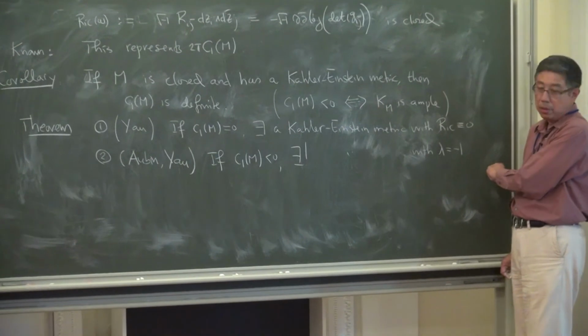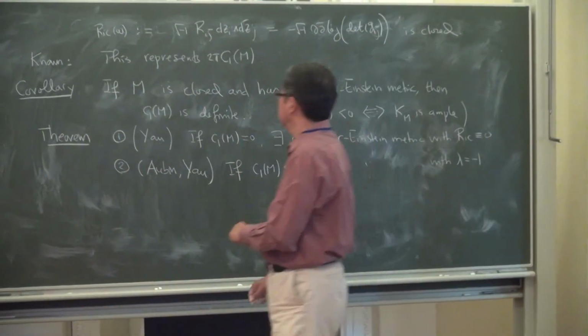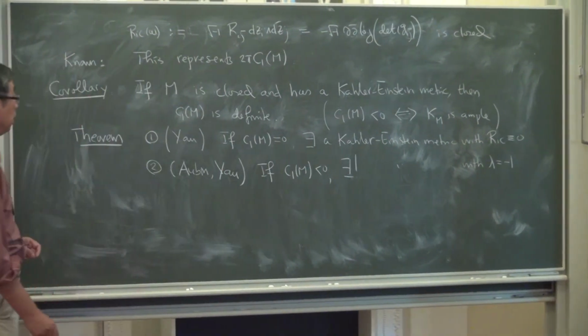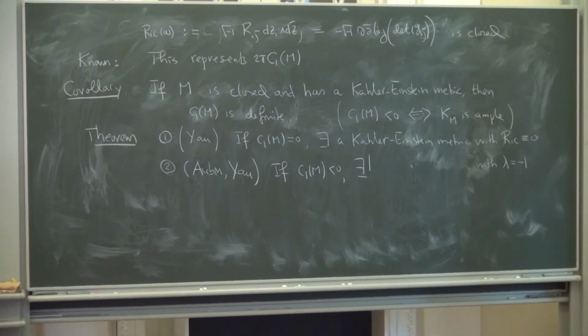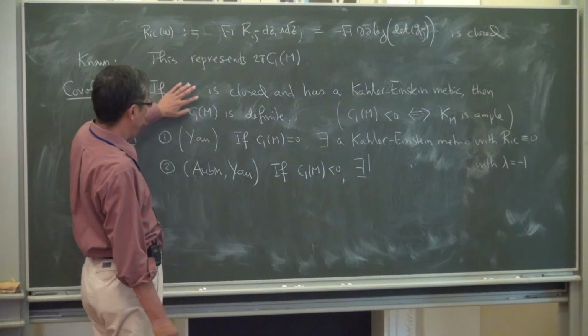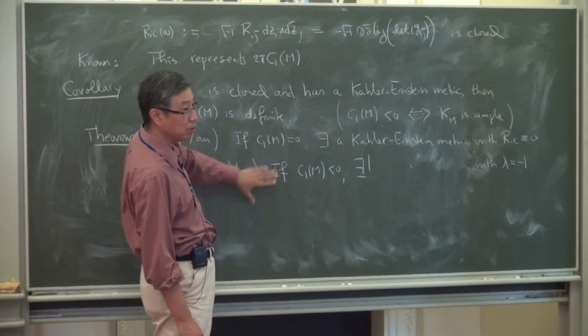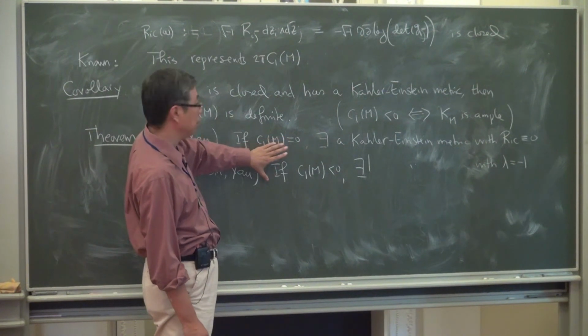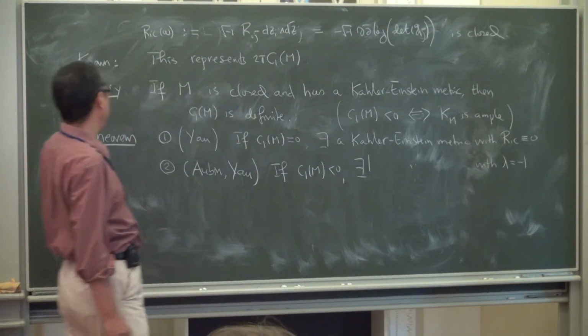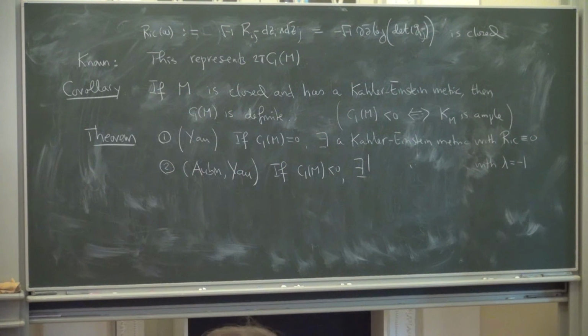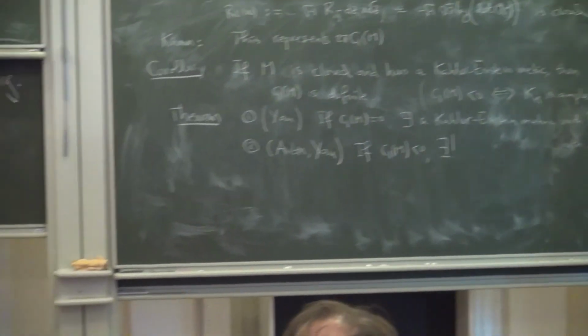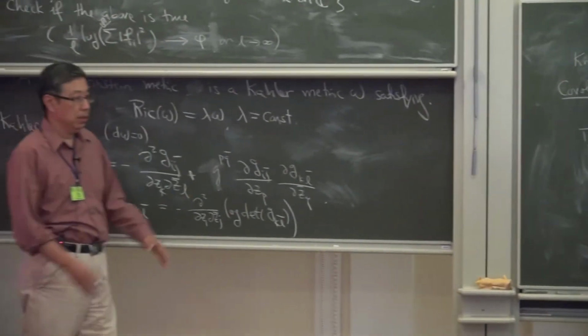In the corollary, this is a necessary condition, and this turns out to be sufficient too for those two cases. That's the difference. So lambda appears here, which says the Ricci curvature as a metric is constant. The positive case is more tricky. You need more conditions.